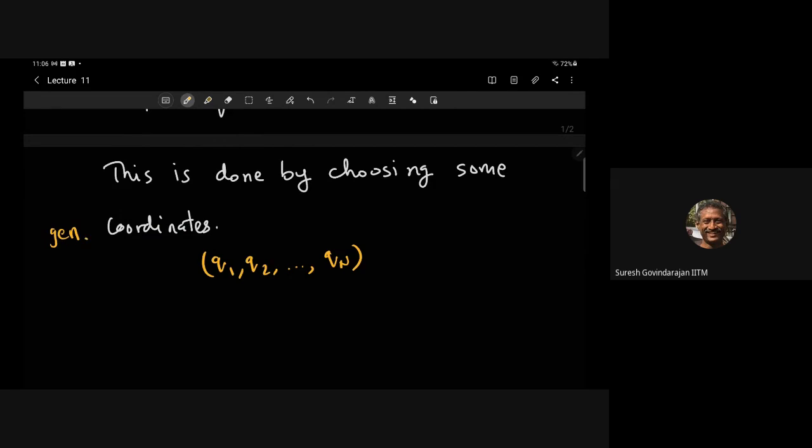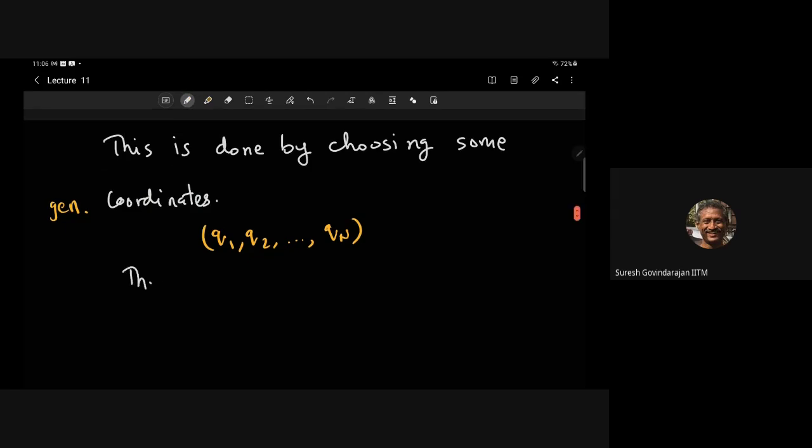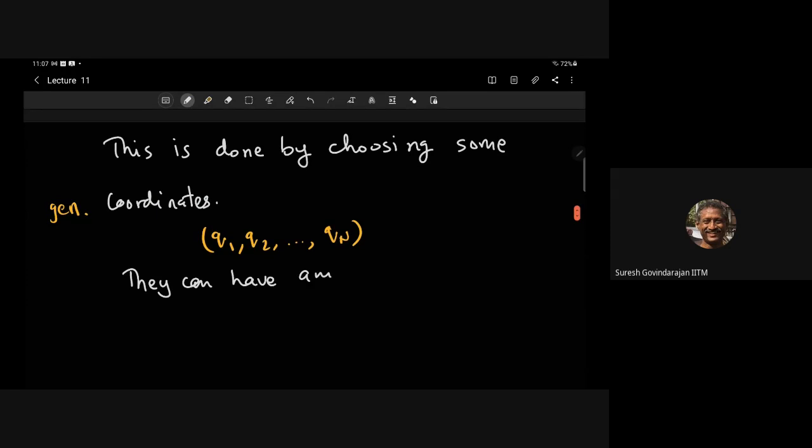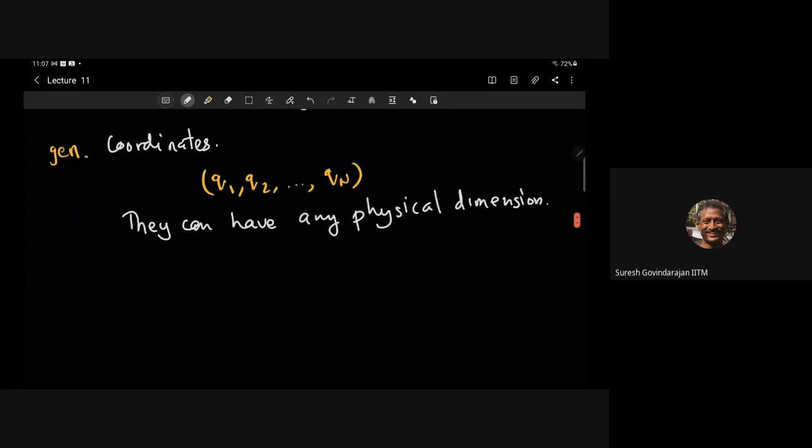They can have any dimension. The classic example which you all know about is a free particle moving in space, and you want to model its motion.